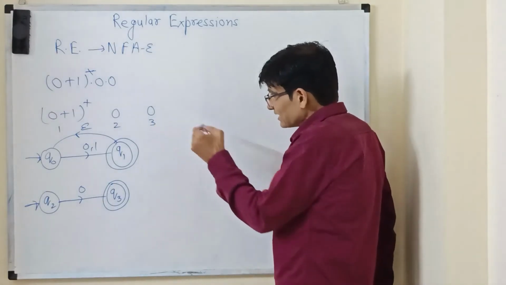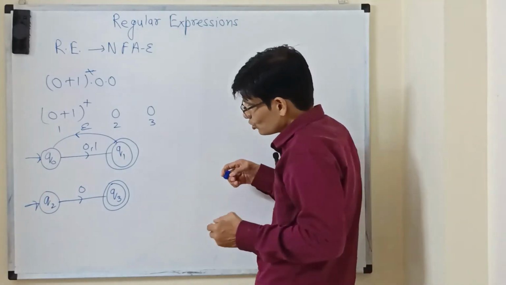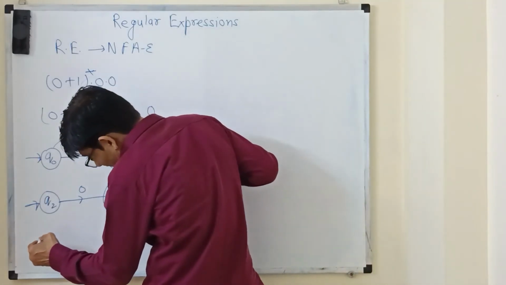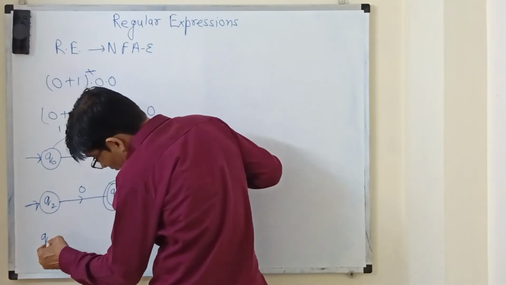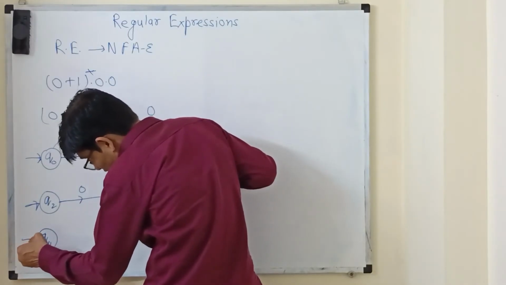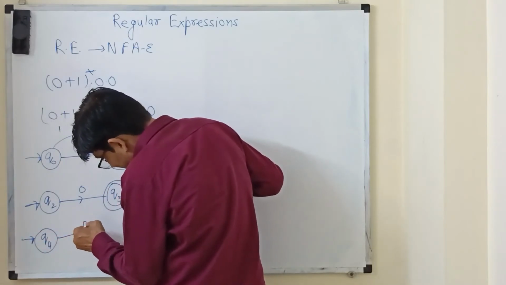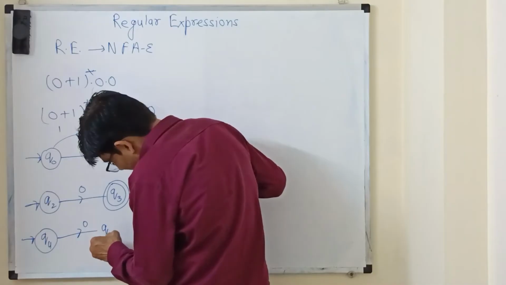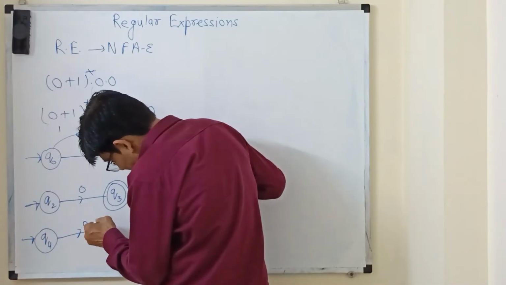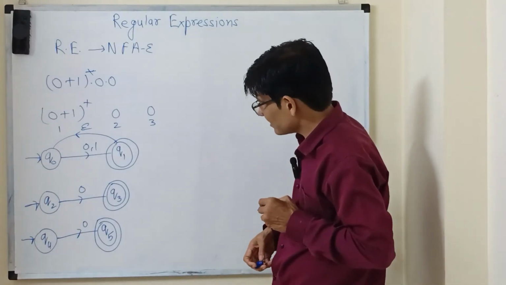Now one more machine we can create for the third part, which is again 0. We have the same kind of machine there, with Q4 as the initial state for the third part, a single transition on 0, and we move to Q5, which would be the final state. So for all these three parts, we have created the machine.